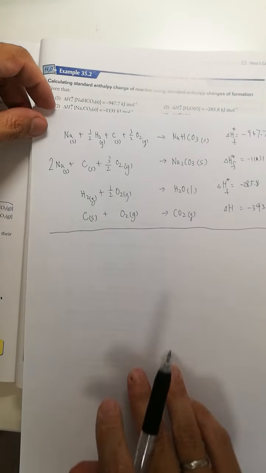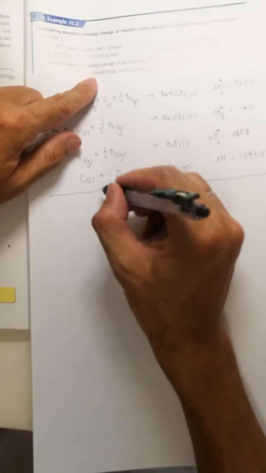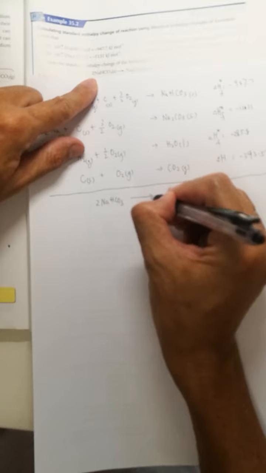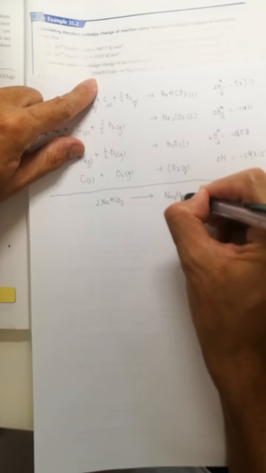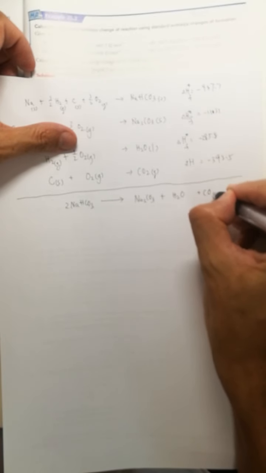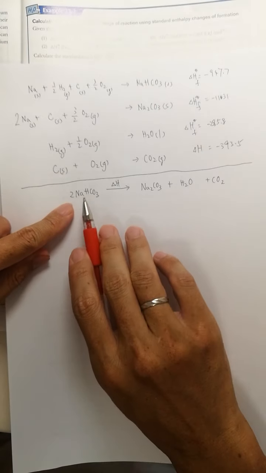We have equations 1, 2, 3, 4, and the problem is that sodium hydrogen carbonate, water, and CO2 are unknown.